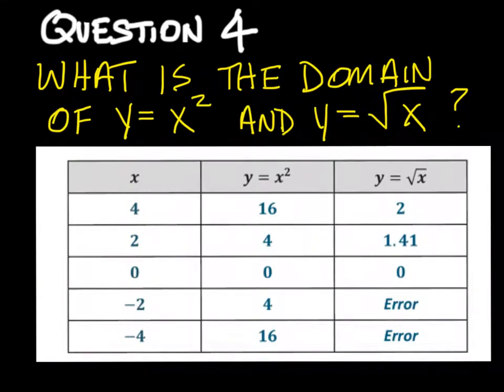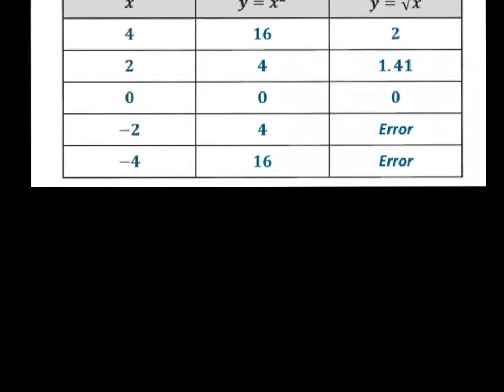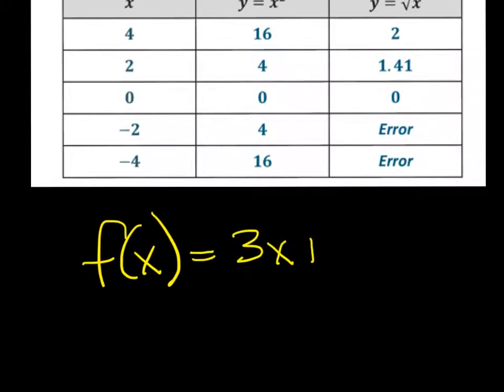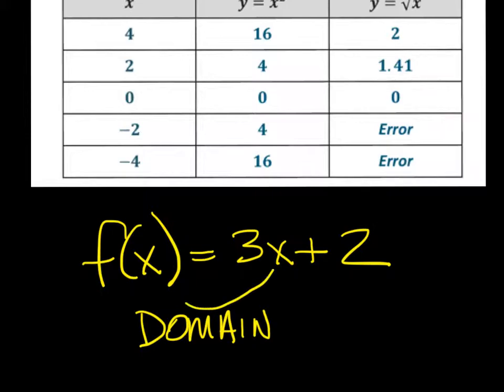What is the domain of y equals x squared and y equals the square root of x? In case you have forgotten, we went over this before. You have a function. For example, let's say it were 3x plus 2. The domain is what you're putting into it.